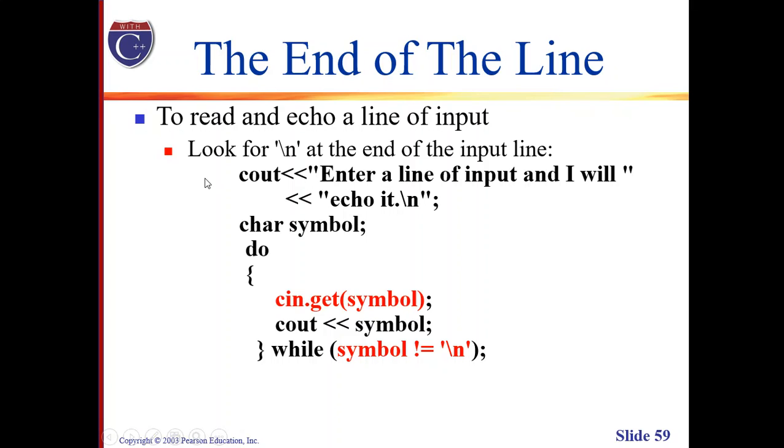To do that, we will use the get function. In this case, we will read our input, then one by one we will read our text input until we reach the end of the line.